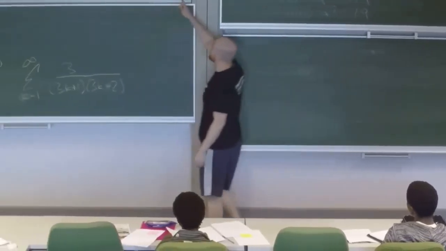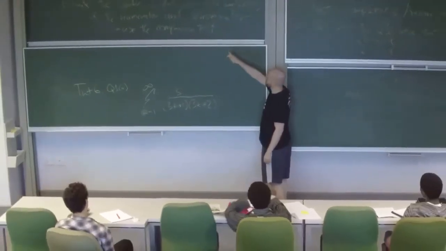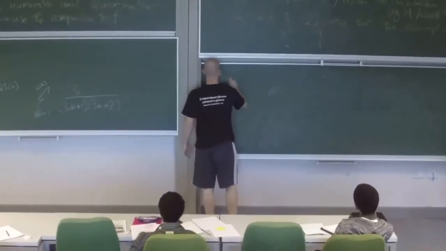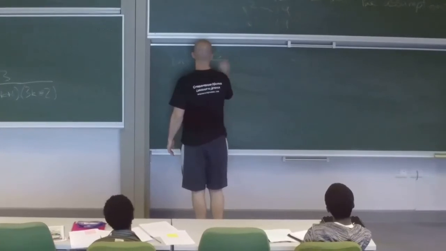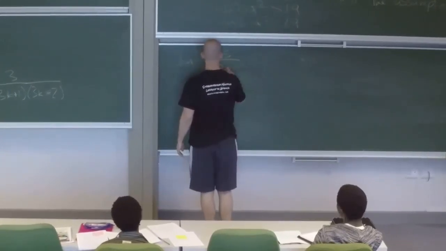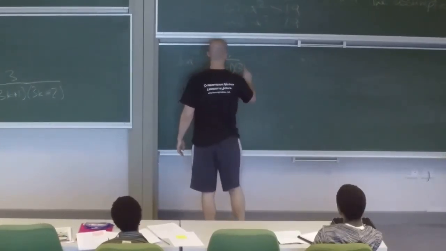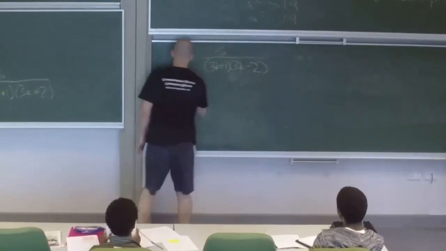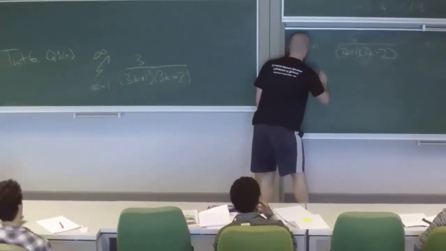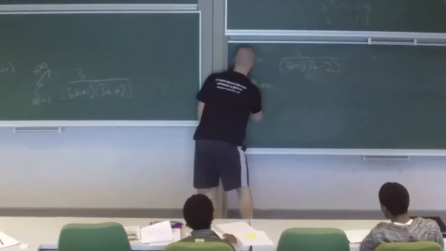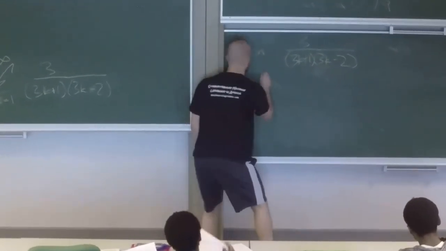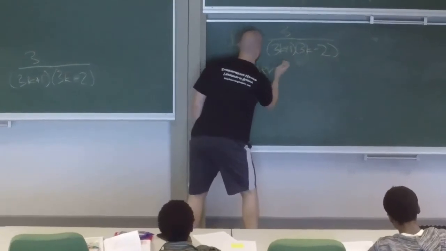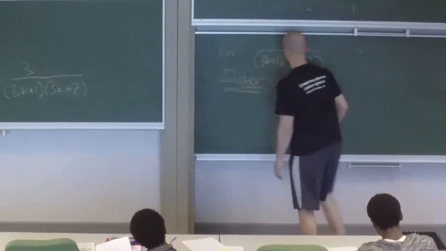So what we're saying here is estimate the order, the highest power of the variable, of the numerator and the denominator. So in 3 over (3k plus 1)(3k minus 2), what's the order of the numerator?